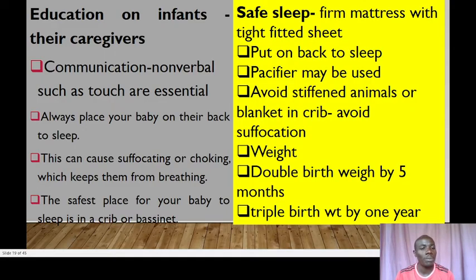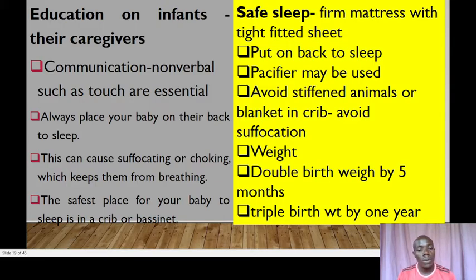Always place your baby on their back when they want to sleep, because this helps prevent choking and suffocating, which keeps them from breathing. They should be on a firm mattress with a tight fitted sheet. A pacifier may be used, but avoid stuffed animals or blankets in the crib so as to avoid suffocation.